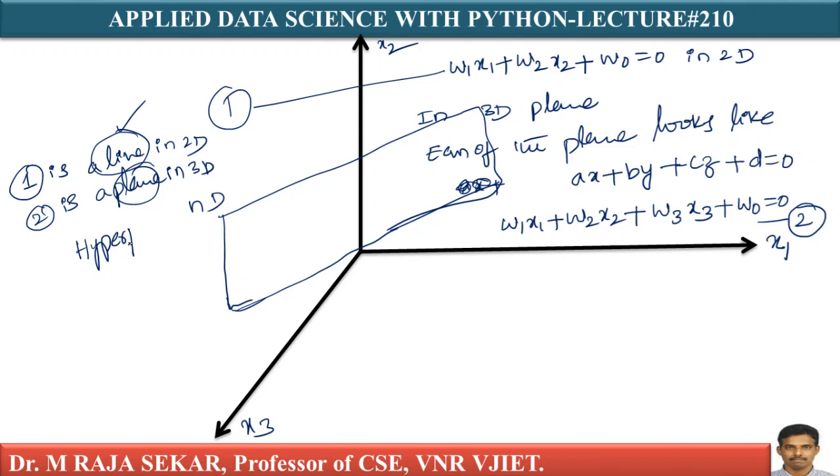Hyperplane is basically a generalization of the concept of a line or a plane to higher dimensions. We are generalizing line to plane, plane to hyperplane.